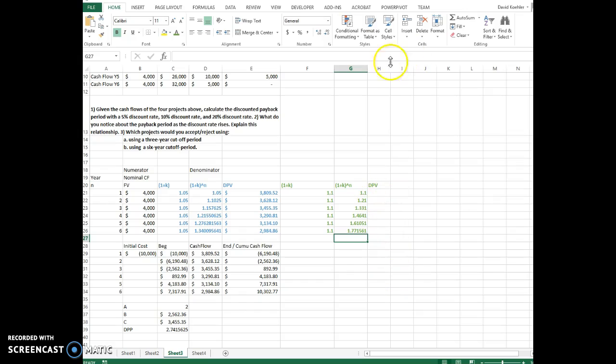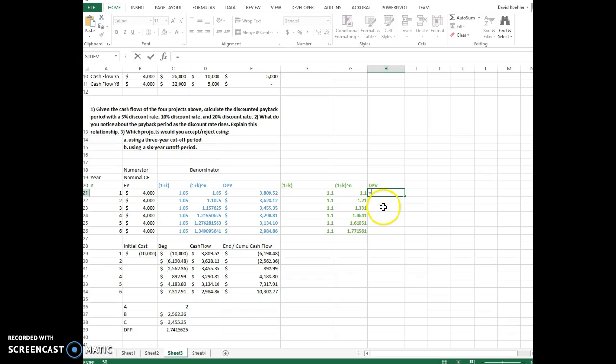That means our discounted present value is going to be equal to, so the FV is in the numerator, divided by our 1 plus k to the nth power.